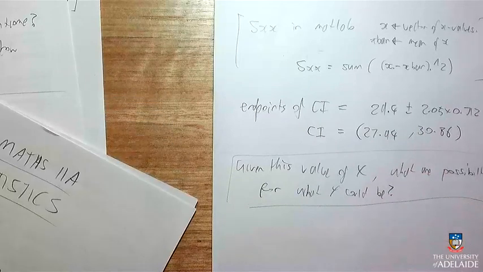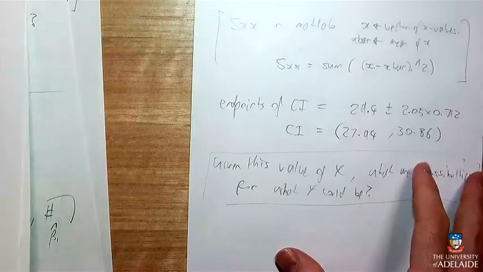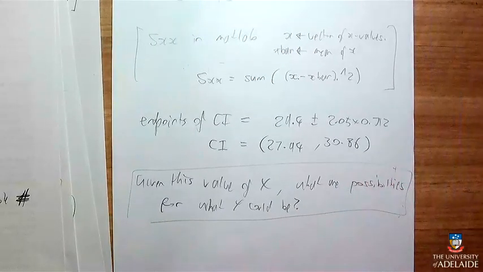So you'll see that's subtly different from the other one. The other one was, given the value of x, what do I think the average y is? This one is, given the value of x, what are the possibilities for y? For all the values that y could be.